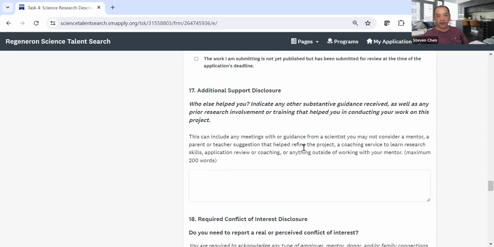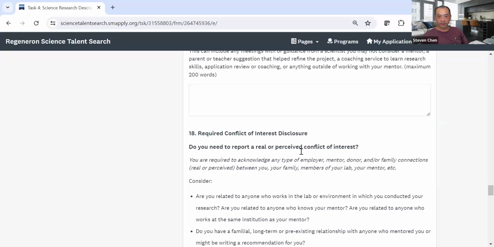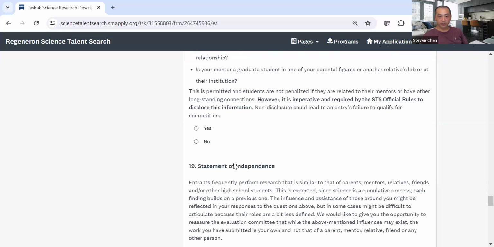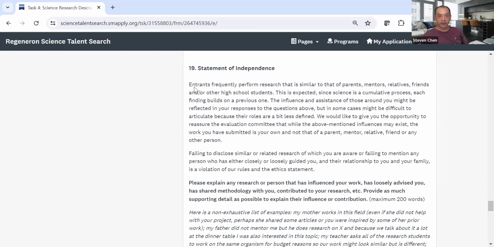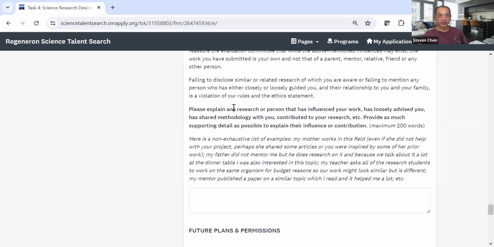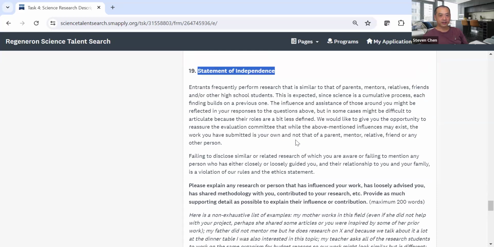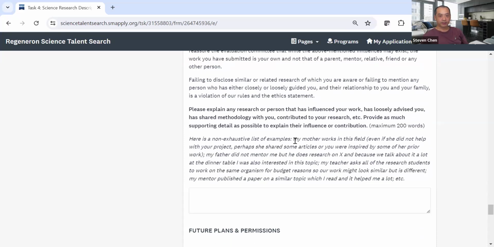And something else that I want to disclose: there's some kind of interest that you need to report. And again, here is a statement of independence. You see that STS emphasizes a lot on your independence. It's very, very important. This is one crucial factor that STS will look at in their evaluations.